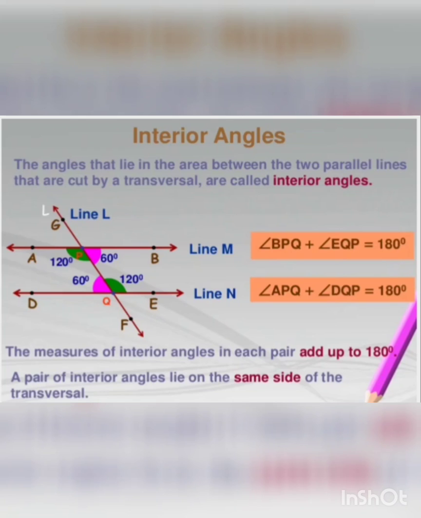So children, here the pair of green color and pink color angles are supplementary. So the measures of interior angles in each pair add up to 180. So you can say that easily, a pair of interior angles which lie on the same side of the transversal are interior angles, and these also can be called co-interior angles.